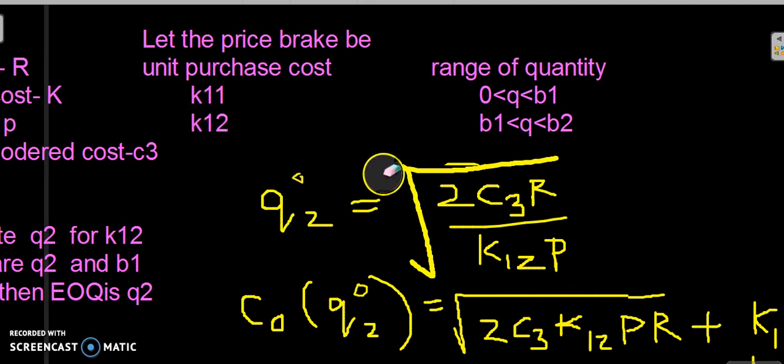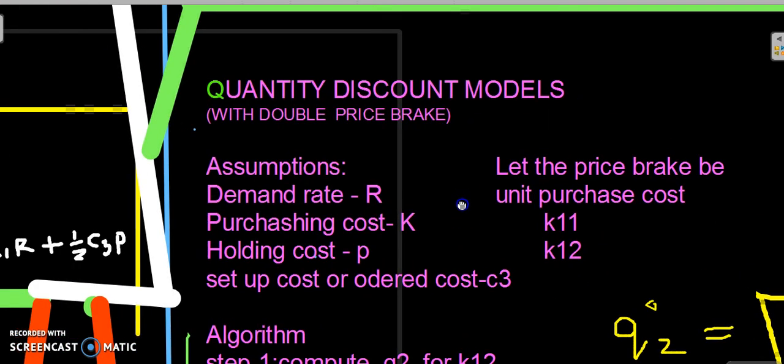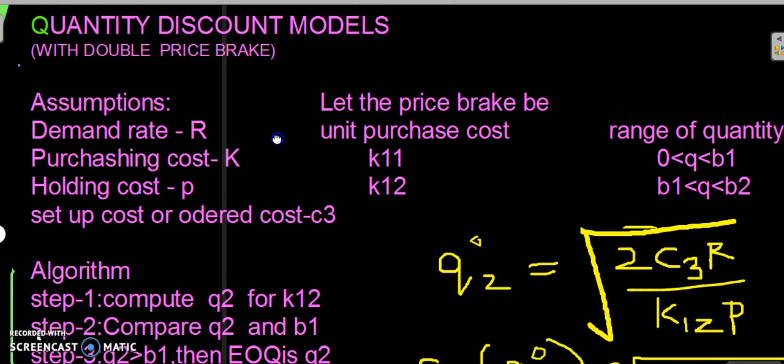So there are two slabs. If you buy in this quantity, this would be a price break. If you buy this quantity, then that would be the price break. If that is the case, then what would be the corresponding formula, the mathematical model?